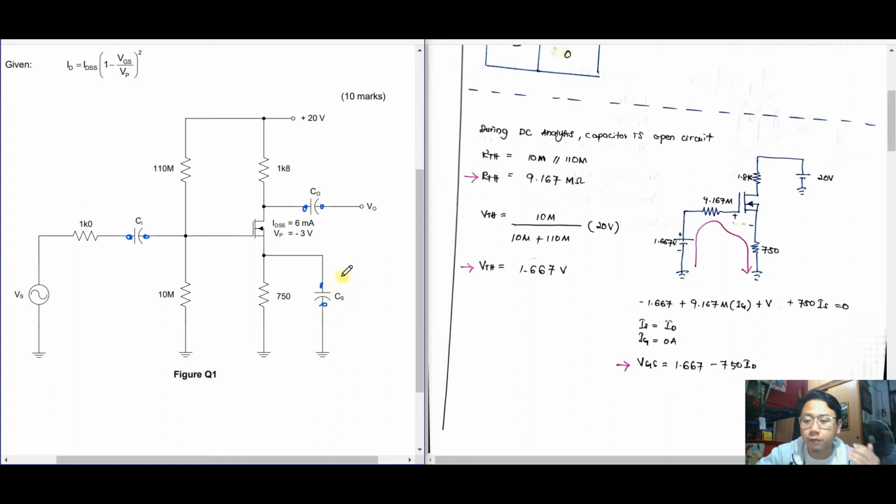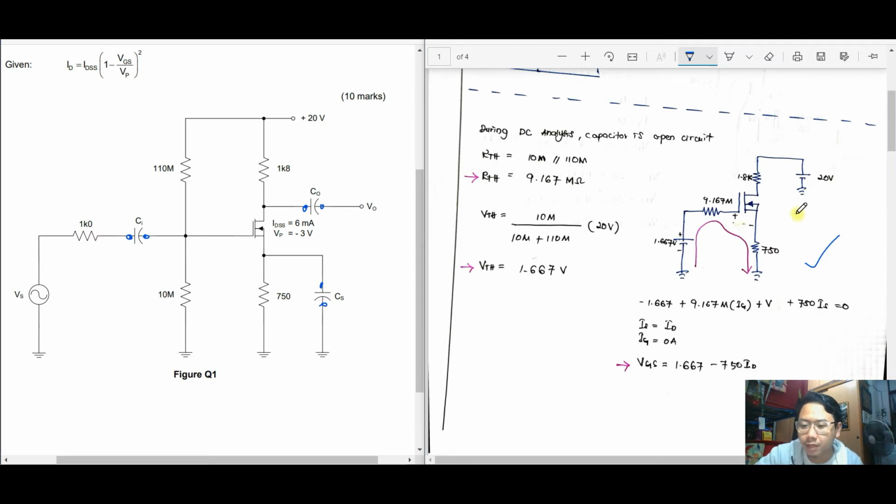After all the capacitors are open circuited, the new figure obtained is like this one. So how to obtain this figure? We need to find the RTH and VTH values from the question figure, which is this one.